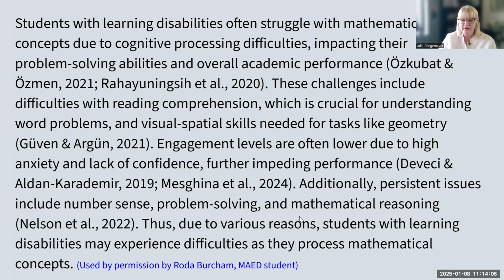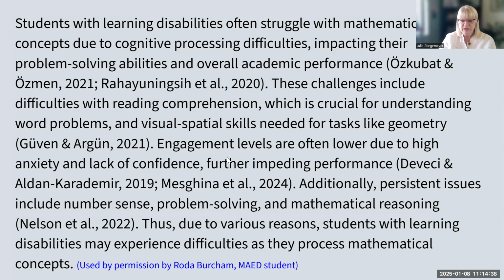This is an example of a really well-written general to specific paragraph. It says: students with learning disabilities often struggle with mathematical concepts due to cognitive processing difficulties, impacting their problem-solving abilities and overall academic performance. These challenges include difficulties with reading comprehension, which is crucial for understanding word problems, and visual spatial skills needed for tasks like geometry.